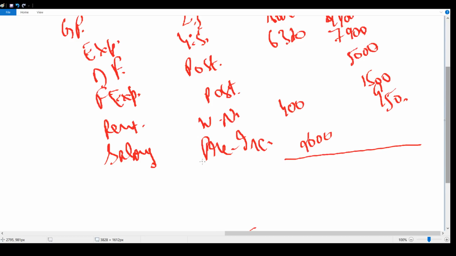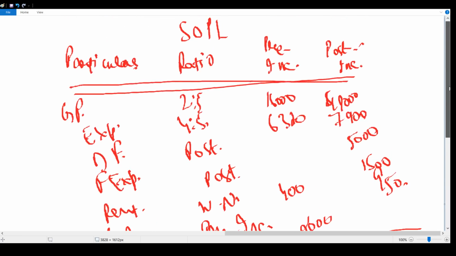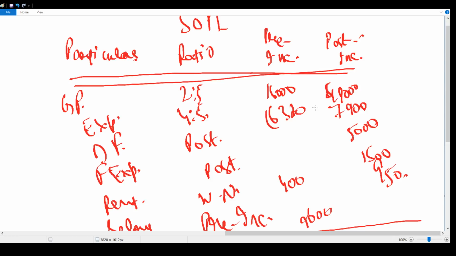As you know, the pre-incorporation profit is always transferred to capital reserve, and the next is profit and loss account. Just calculate.